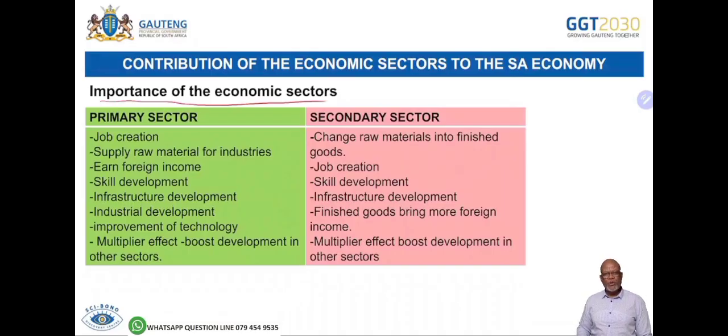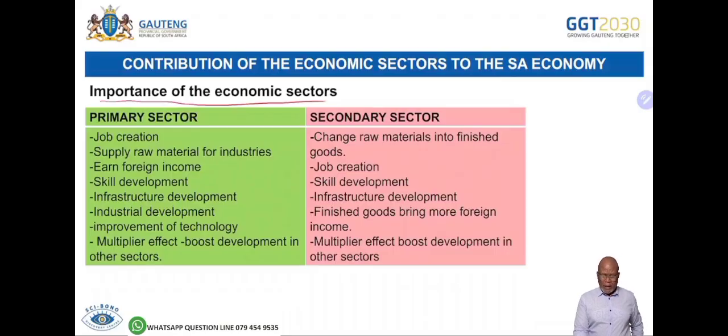Let's say, for an example, your question says, what is the importance of farming? One answer there is that it creates jobs. When the question says, what is the importance of fishing? It creates jobs. What is the importance of manufacturing? It creates jobs. What is the importance of tertiary sector?